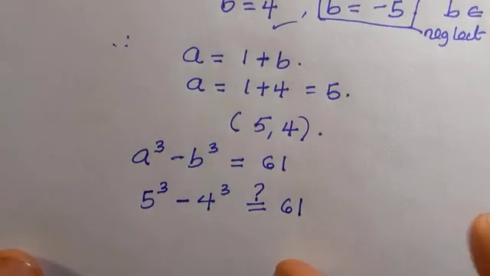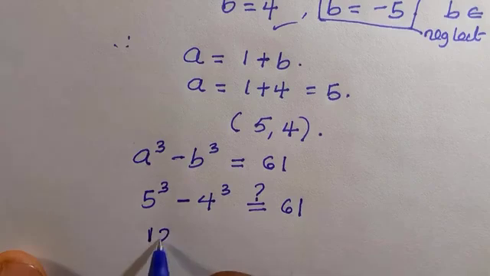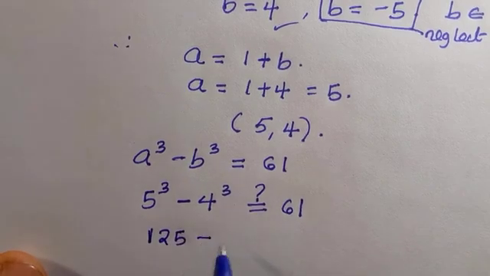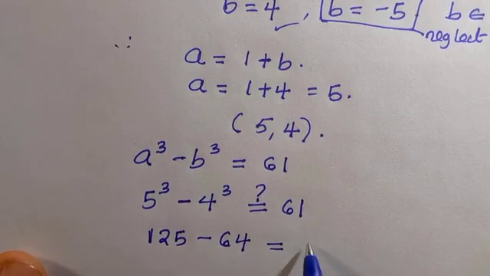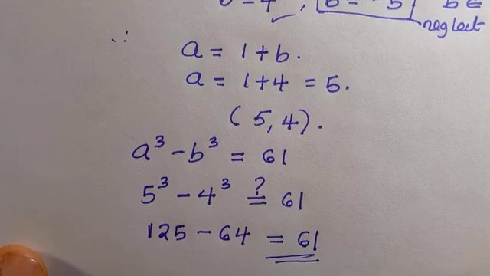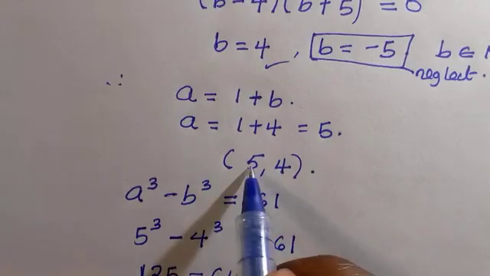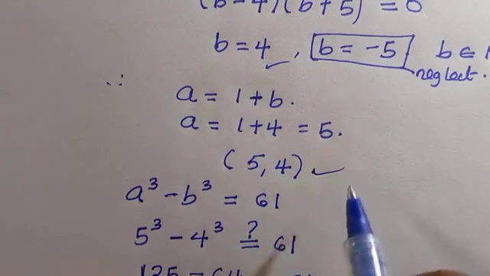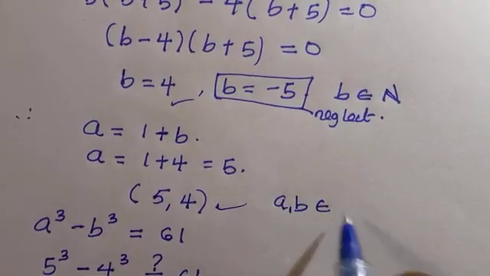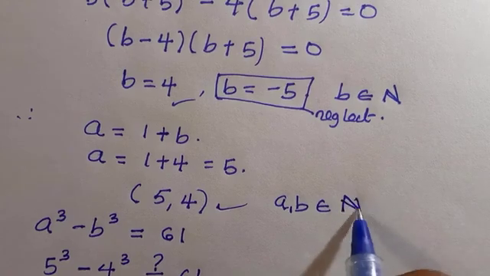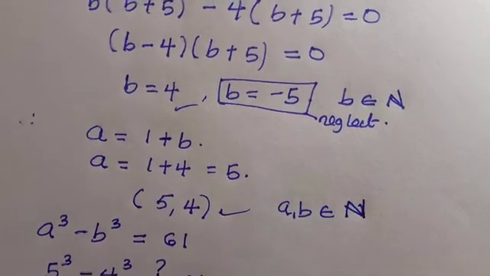Yes, definitely, because 5 cube is 125 minus 4 cube is 64, and subtracting these two we get 61. So the left hand side equals the right hand side. Here is how this problem goes, as 5 and 4 is the answer, as a and b are members of the natural numbers only, I repeat.